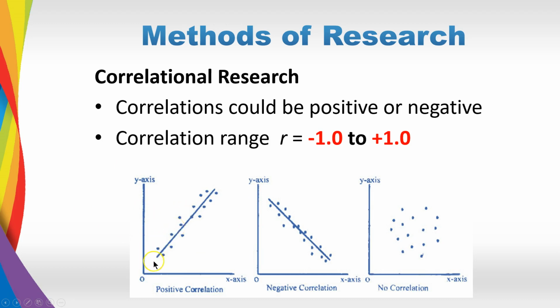But if you notice that as maybe studying increases, grades also increase, that's positive, right? If you also say as studying decreases, grades also decrease, you would still get the same line, or the same pattern of dots. And so that's a positive correlation.